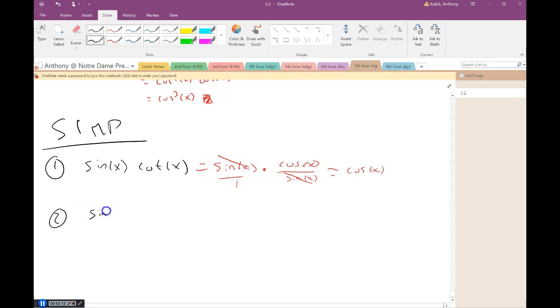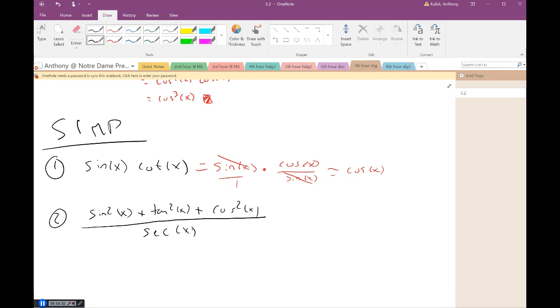Let's say we have this one. How about this one? Sine squared plus tan squared plus cosine squared all over secant squared. Those are all additions. I did not mean to write that. I wrote down what I meant.